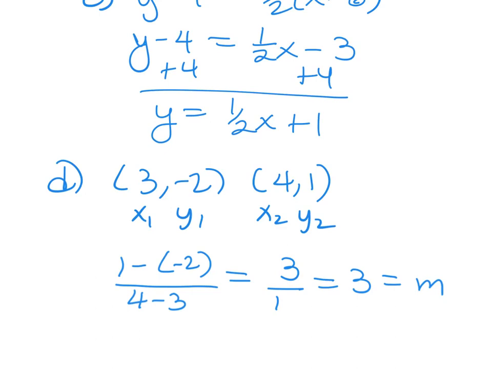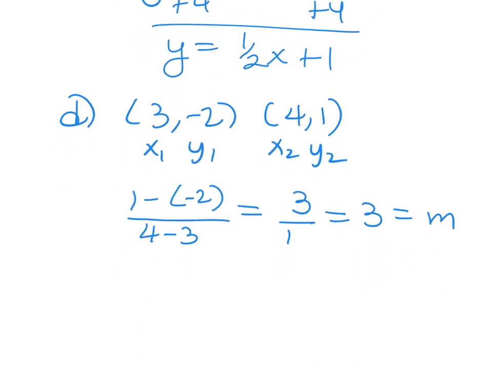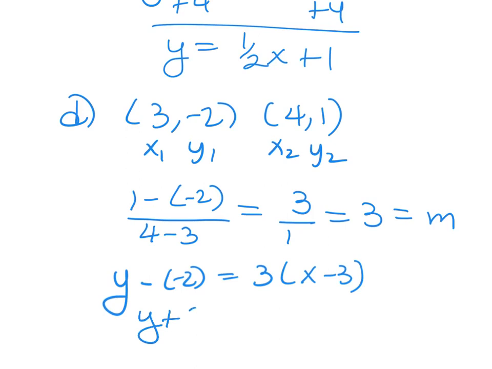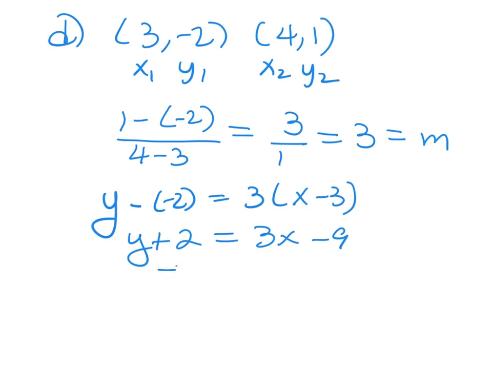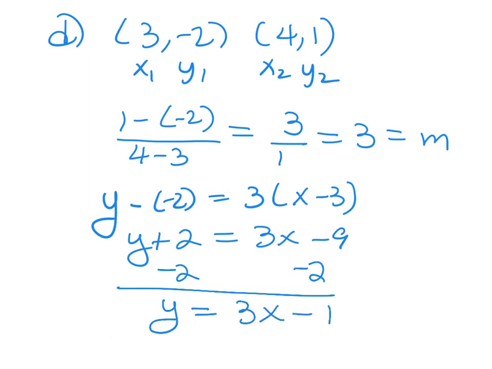I now plug it into point slope. y minus -2 equals 3 times x minus 3. Simplify this to a plus sign. Distribute the 3. And now move the 2. So the equation is y equals 3x minus 11.